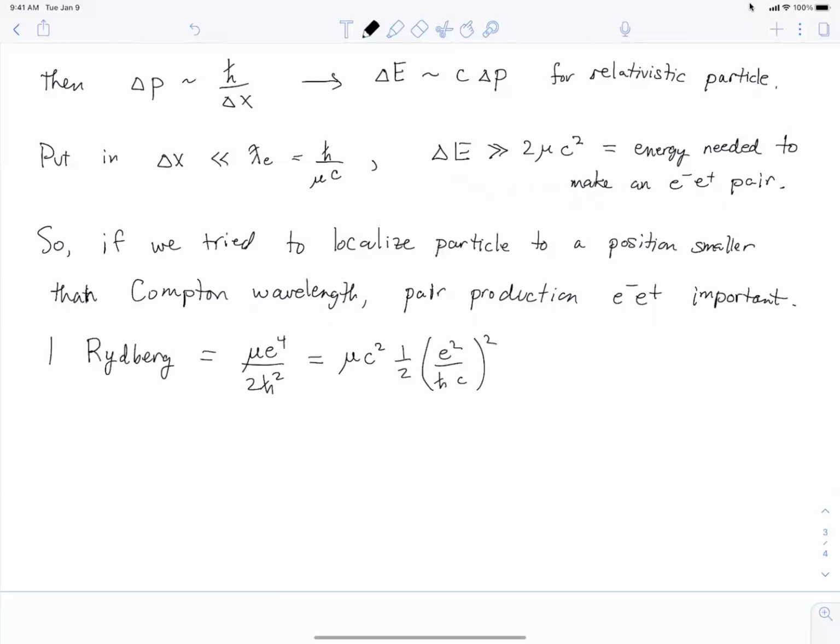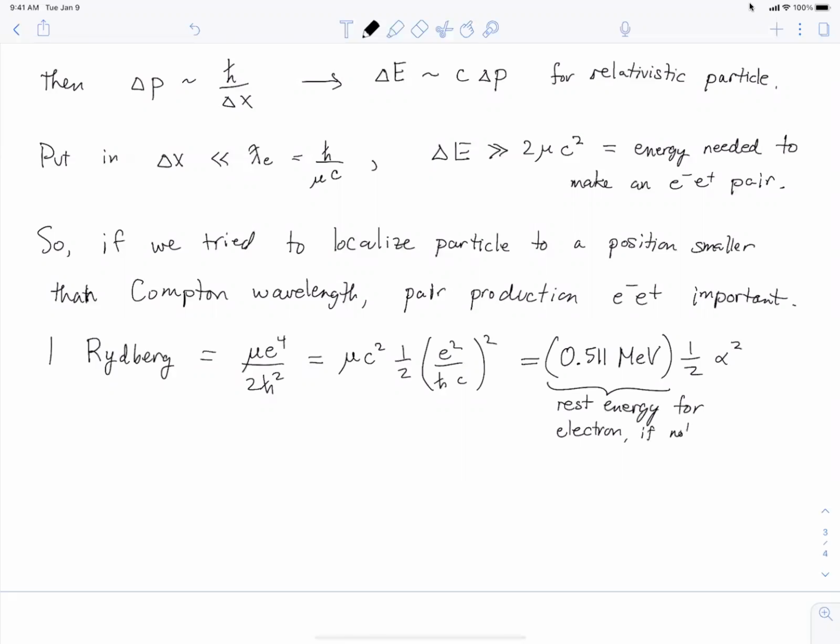Okay, and so I've rewritten it in that combination, but that combination is equal to the rest energy of the electron, which is 0.511 MeV, times 1/2 times the fine structure constant. So this is the rest energy for an electron if it weren't in a hydrogen atom.